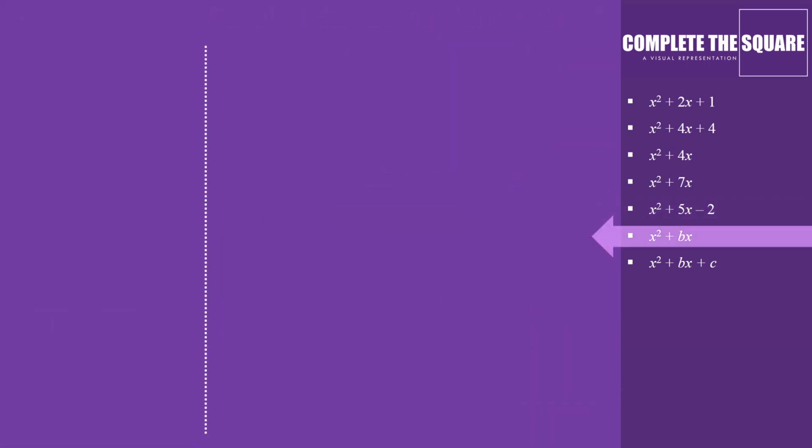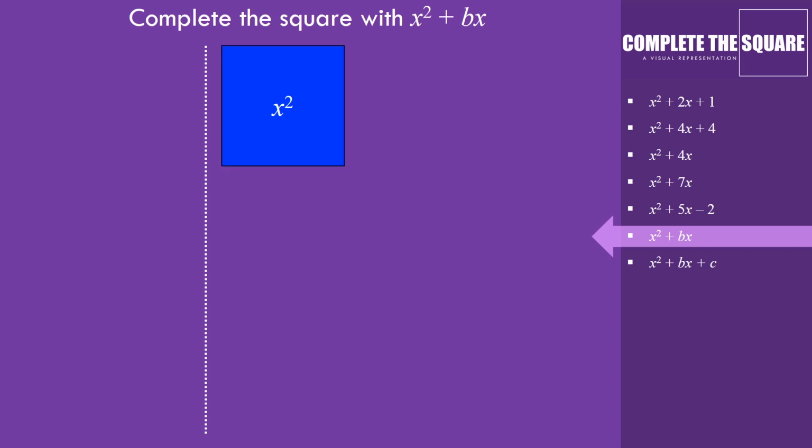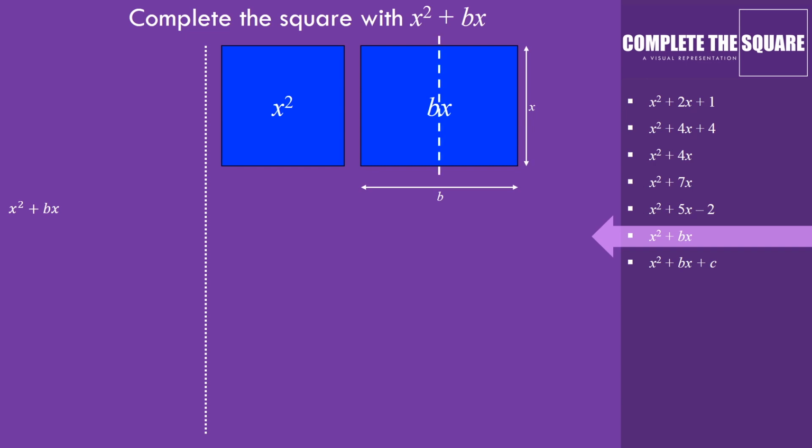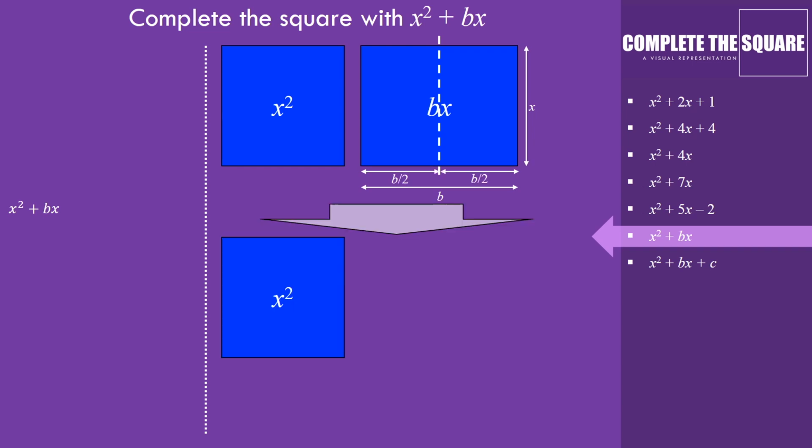To generalize this, completing the square with x squared plus bx is the same as having an x squared tile and a rectangular bx tile of height x and length b. The main trick is to halve the length of b so that we have two smaller rectangular tiles of length b over 2, then aligning them next to the x squared tile in this manner.